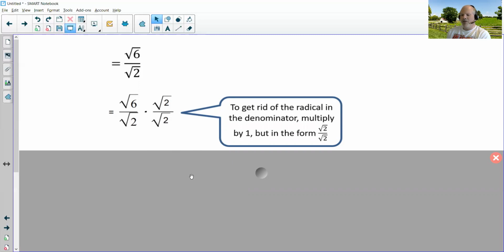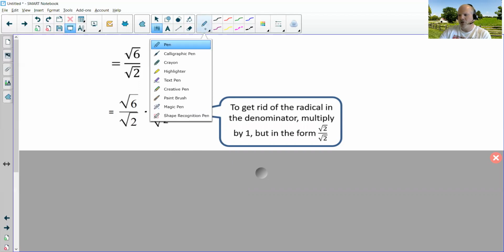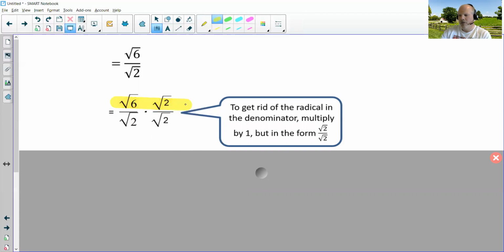To multiply this, I just multiply straight across. So I can draw this on the screen here. If I just multiply straight across, I will get square root of 12 in the numerator. And in the denominator, square root of 2 times square root of 2 is just the square root of 2 squared, which is 2.